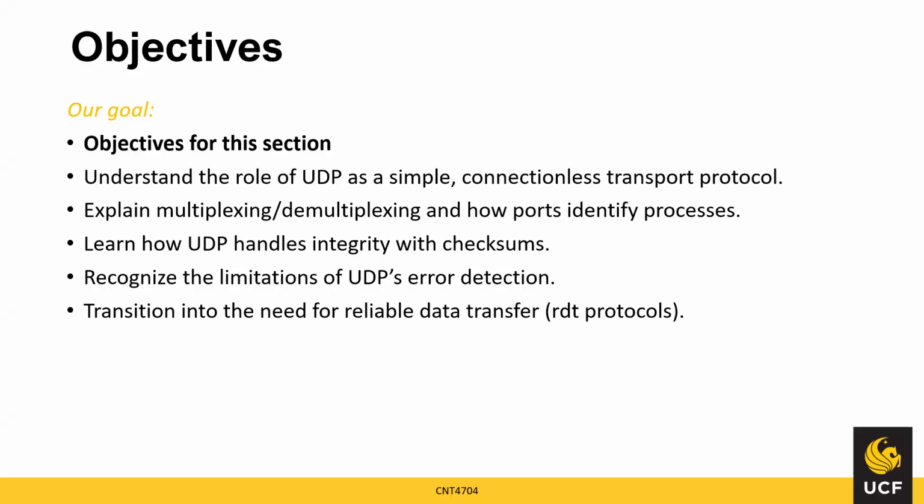We'll learn how UDP handles integrity and checksums. The majority of the lecture today is checking the checksums for errors in packets that are getting sent, and how we can detect if there is an error between the sender and receiver. We'll recognize the limitations of UDP error detection, and then we'll move to RDT, which is reliable data transfer, quote unquote, TCP, but we are going to build up to it.